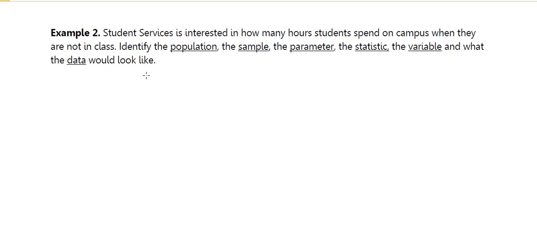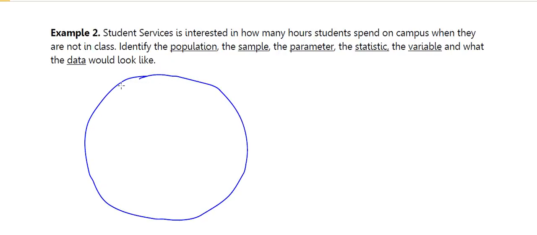But I'm going to go ahead and draw. I like visuals, so I draw the big population. Okay, Student Services is interested in how many hours students spend on campus when they're not in class. So the population, if we're talking about PCC, would be PCC students. Now, we don't know if this is across the district or just at Southeast or any particular campus.